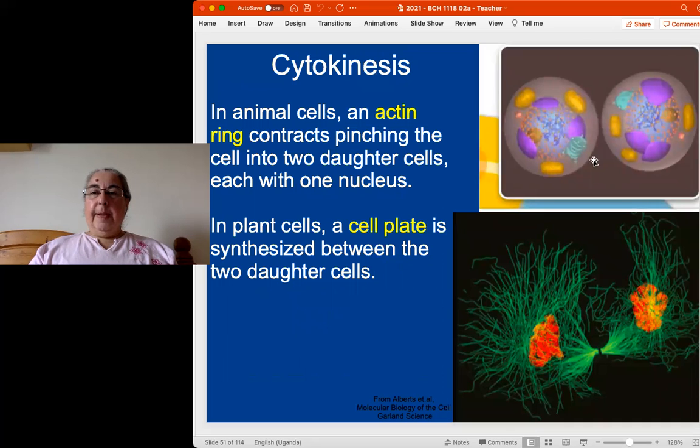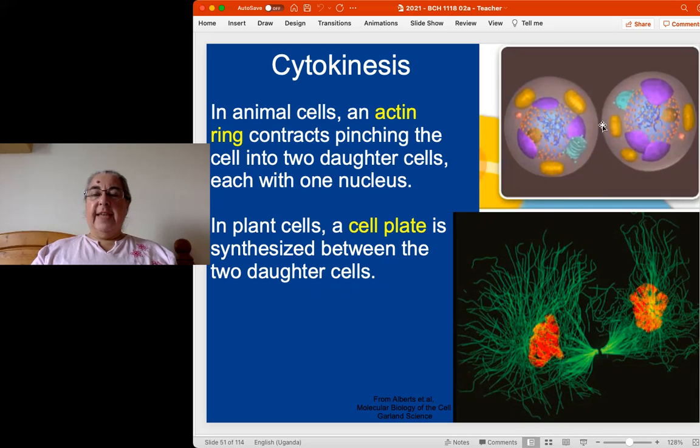So here is our diagram from the video, and here is an electron micrograph. So you can see the chromosomes, the DNA inside a nucleus here. You can see the spindle fibers are now becoming the cytoskeleton, going out from a nucleus towards the cell membrane, rather than the spindle fiber, just the last part of the spindle here, divided between the two cells.